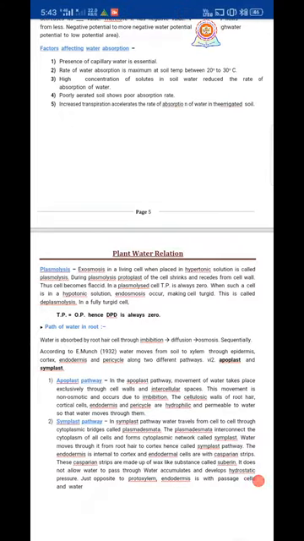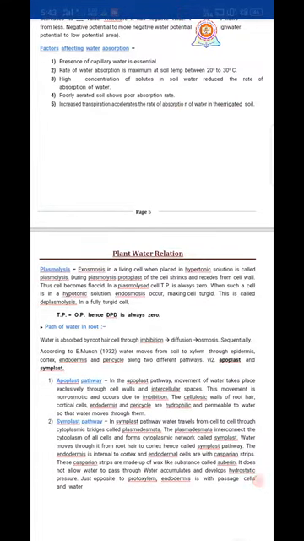When that cell is placed in hypotonic solution, again the water enters into the cell and the cell becomes turgid, that is known as deplasmolysis. In a fully turgid cell, turgor pressure is equal to osmotic pressure, hence DPD is zero.